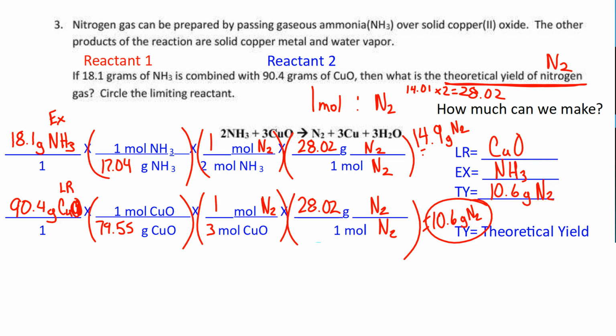If it's a constructed response, they're going to ask you for the theoretical yield. If it's multiple choice, they're going to give you the choices, and you have to pick which one produces the smaller amount. So no matter what, you still have to solve it. You just have to know that if you get the smaller number, that means this is the limiting reactant. The larger number gives you the excess.